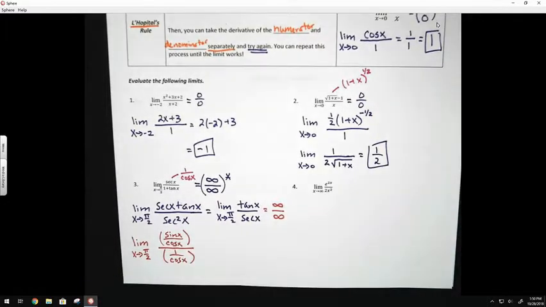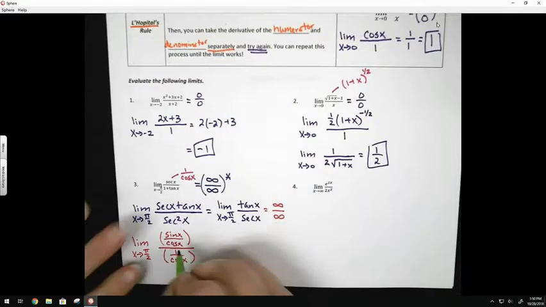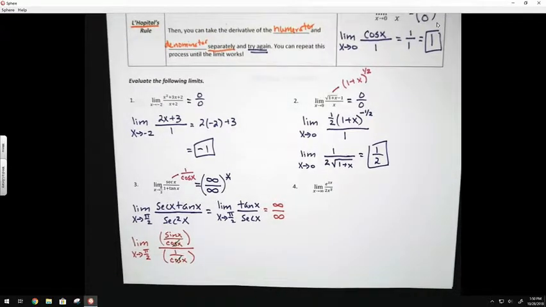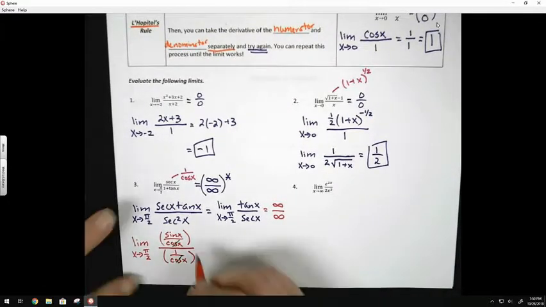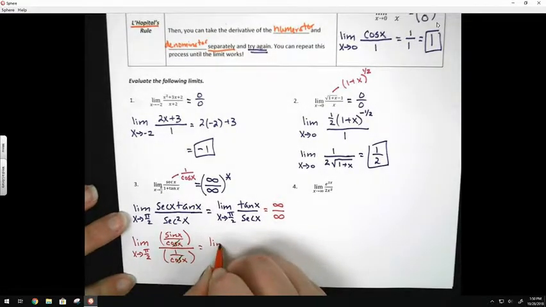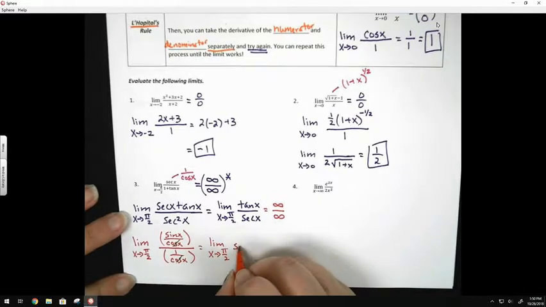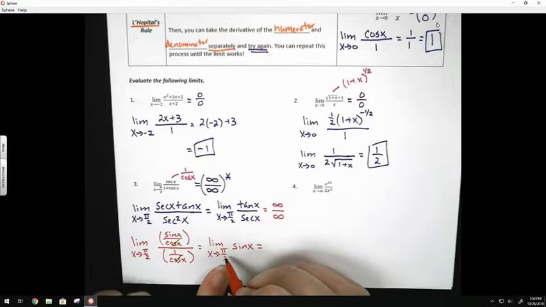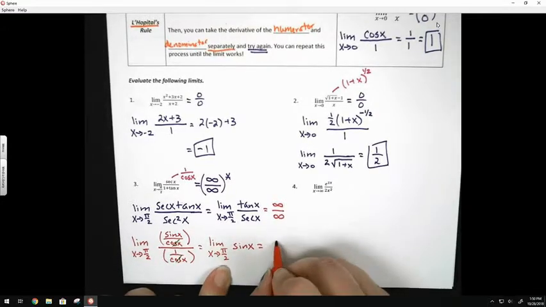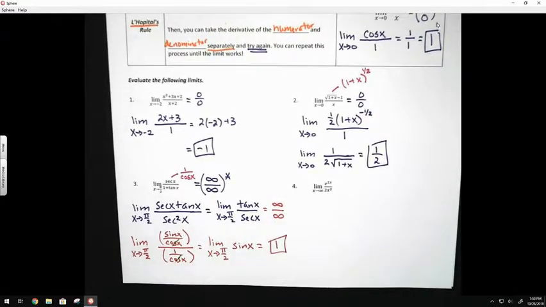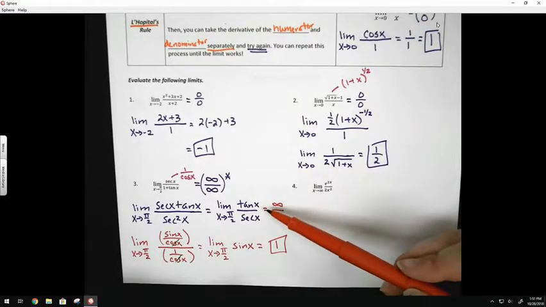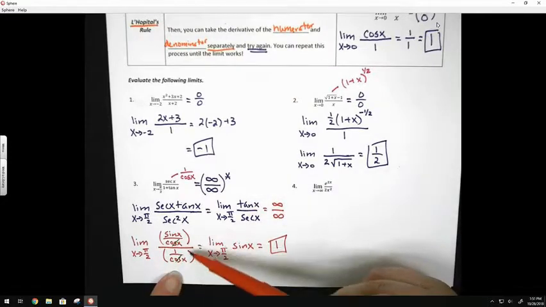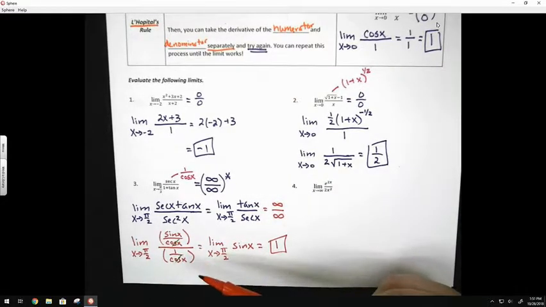Because when I do that, I can look at it then and see that the cosine x's are going to cancel each other, which means I'm left with the limit as x approaches pi over 2 of sine of x. And now I can try to evaluate. I know that the sine of pi over 2 is just 1. All right, so this was an example where we applied L'Hopital's rule and got to something that we could actually then simplify algebraically. So it kind of combined the two things that we know.